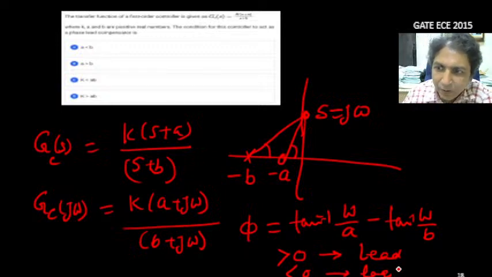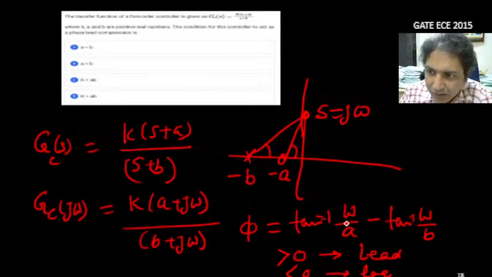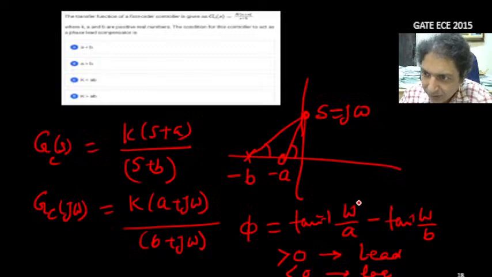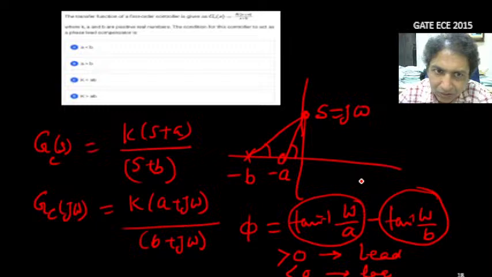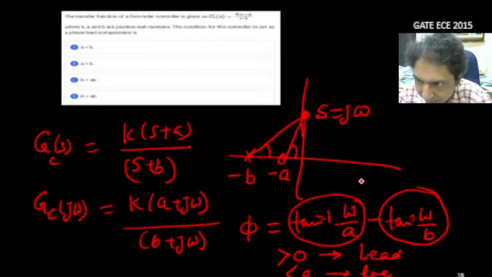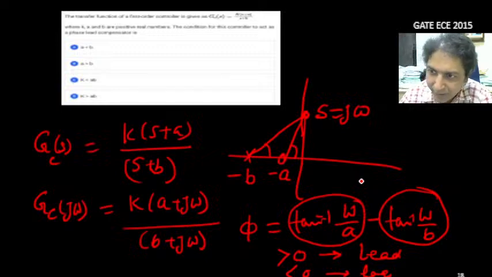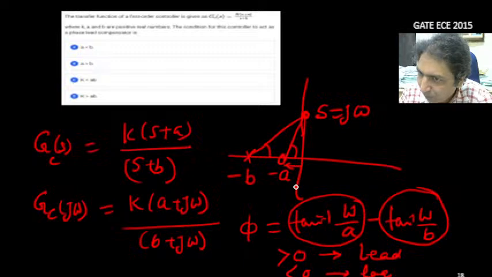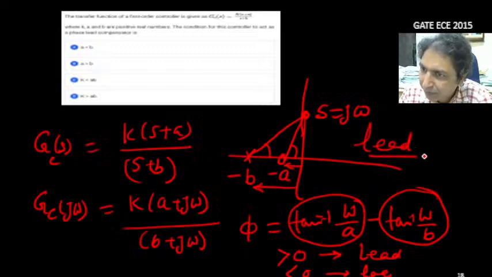So when it will be lead compensator, if this angle is more than this angle, then it is a lead compensator. So tan inverse omega by A should be more, meaning A should be closer to the origin compared to B. Then it is actually a lead compensator.